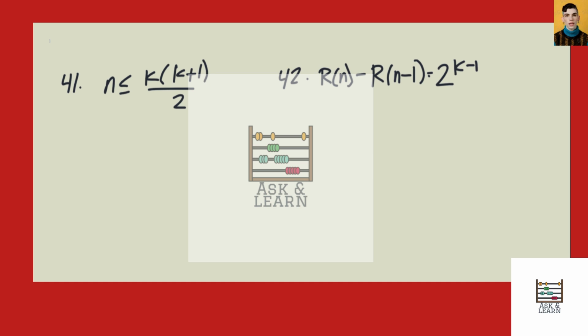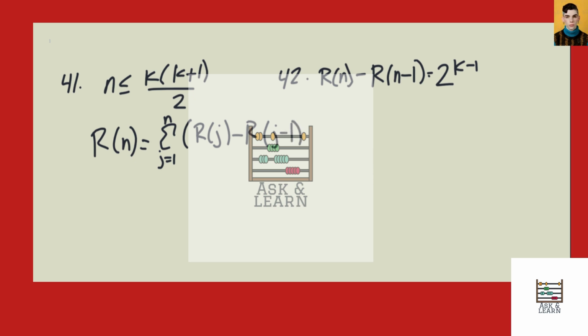And so first we'll consider that r(n) is equal to the sum, let j equal 1 to n, of r(j) minus r(j-1).